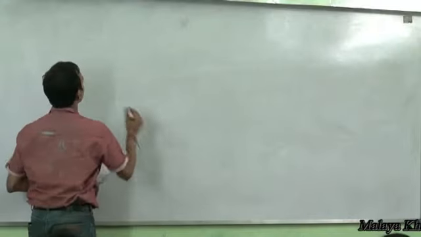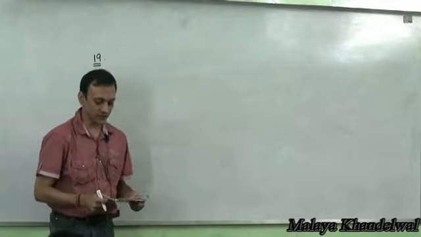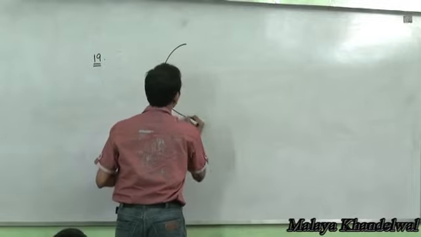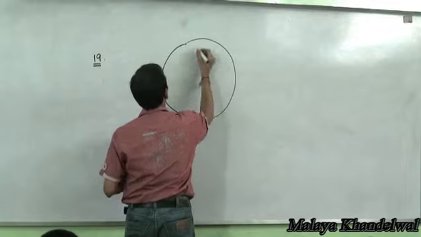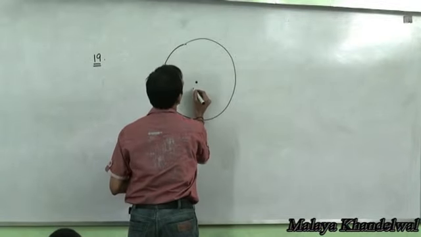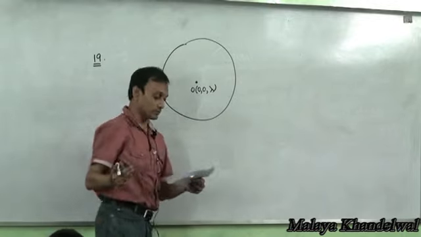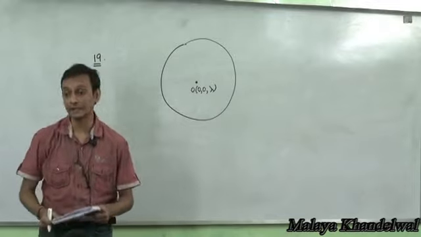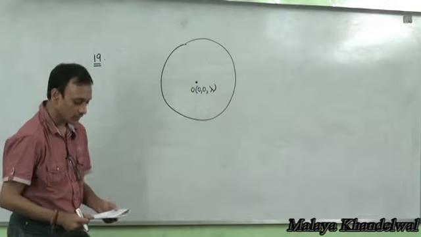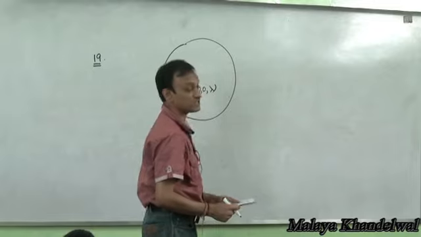Problem 19. Find the equation of the sphere with center on the positive z-axis, which passes through the circle x squared plus y squared equal to 4 and z equal to 0.